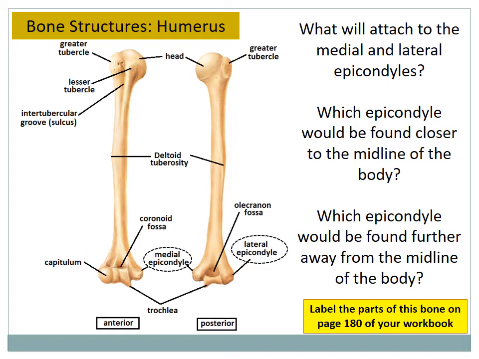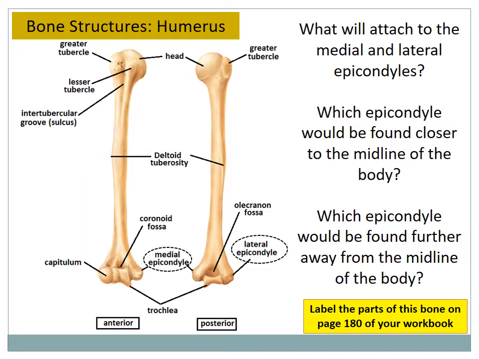So which epicondyle would be found closer to the midline of the body? Yep, that's the medial epicondyle. And which epicondyle would be found further away from the midline of the body? That's the lateral epicondyle.